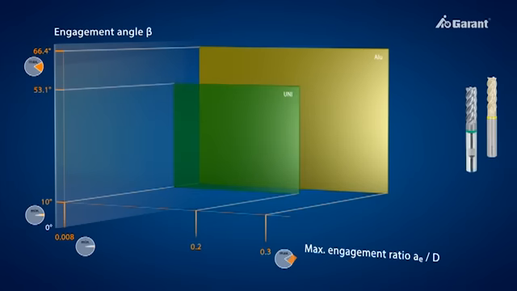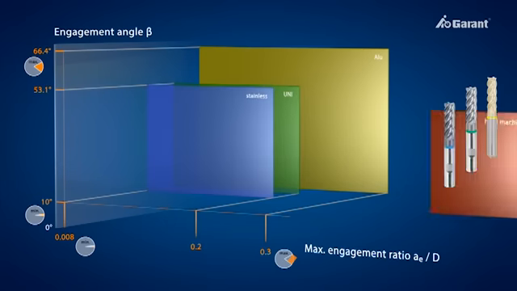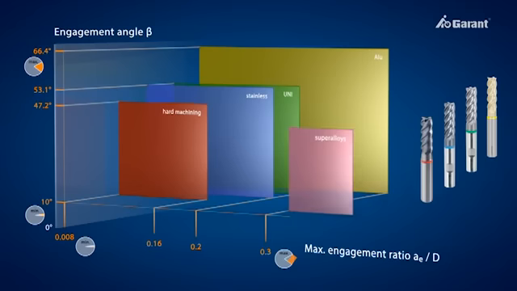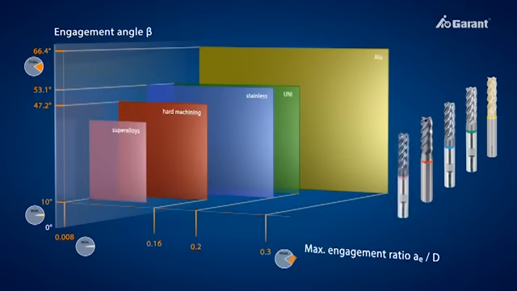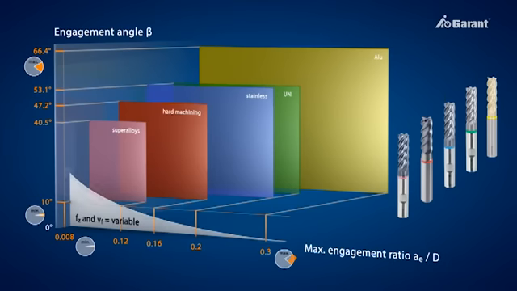Other ranges apply to uni, stainless, hard machining and superalloys, for which the optimum range lies between 10 degrees and 40.5 degrees. That corresponds to an engagement ratio of 0.008 to 0.12. To keep the average chip thickness constant, as the engagement ratio becomes less, we have to increase VF.